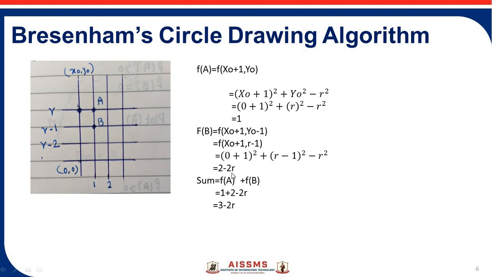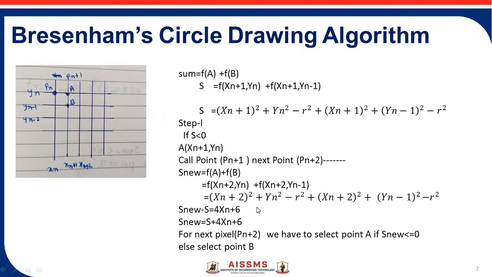We get the result 2 minus 2r. The sum of f of a and f of b, after simplification, is 3 minus 2r.